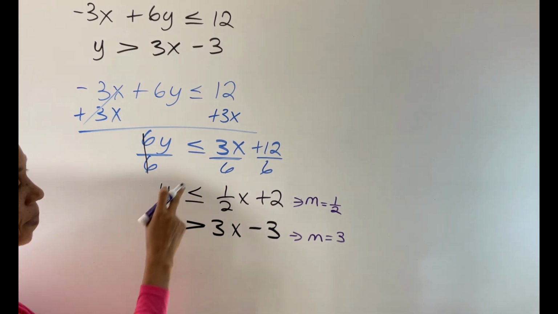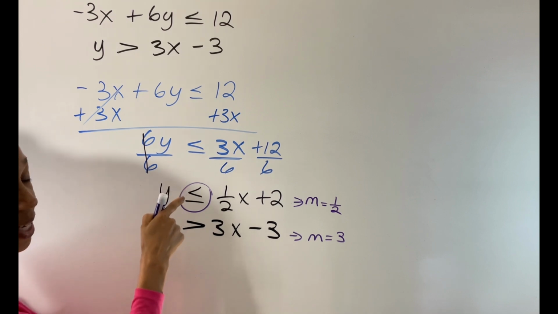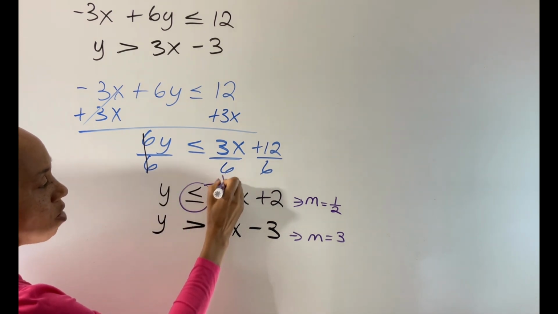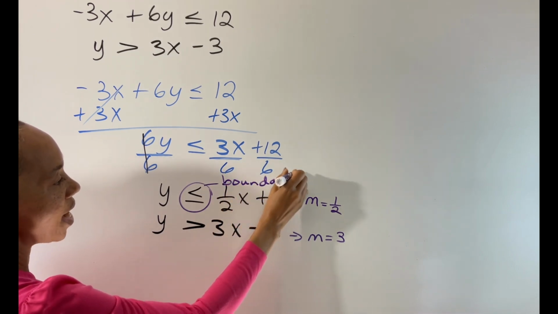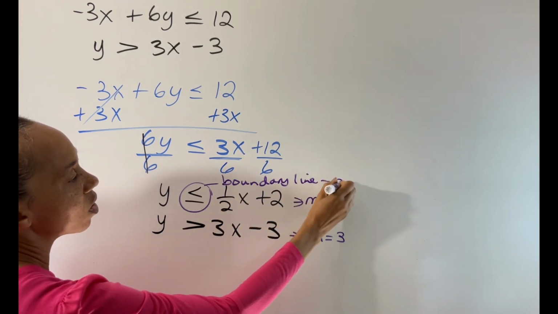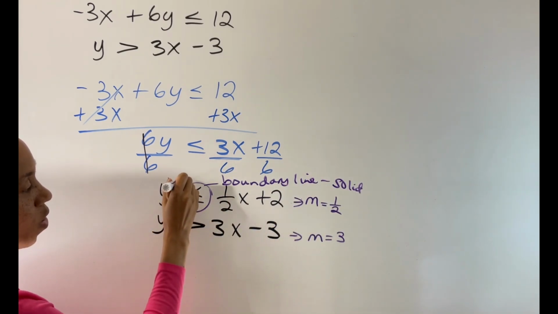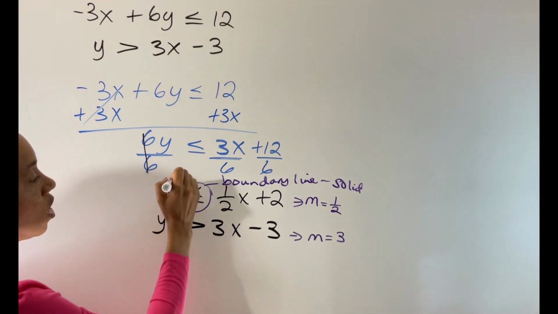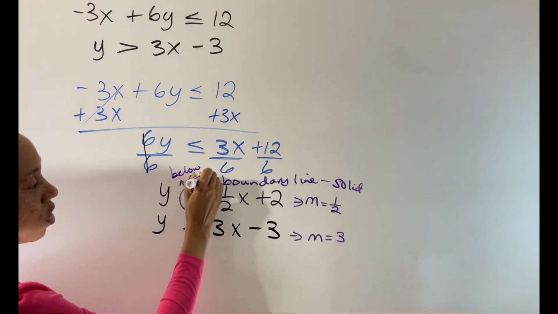Doesn't matter. Because the inequality symbol here is less than or equal to, we are going to use a boundary line that is solid. So boundary line is solid. And we are also going to shade, since it is less than, below. So you shade below or you shade to the left.